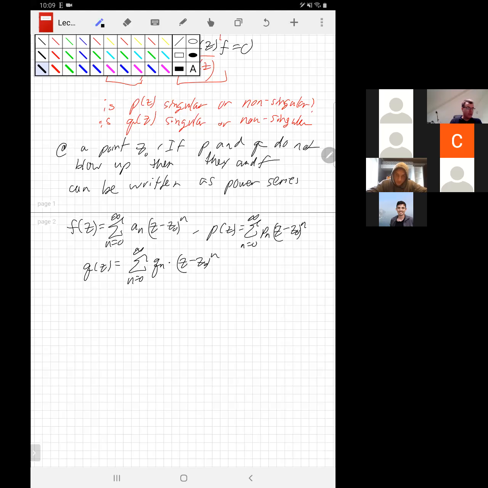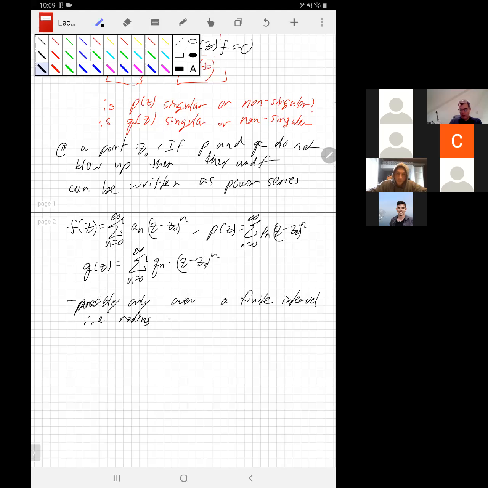All right, so if everything is nicely behaved, meaning nothing's blowing up, then we can write them as power series, possibly only over a finite interval. They might have a finite radius of convergence.